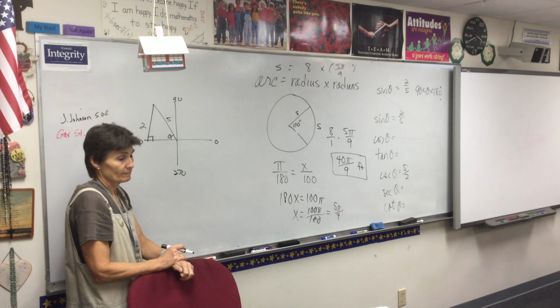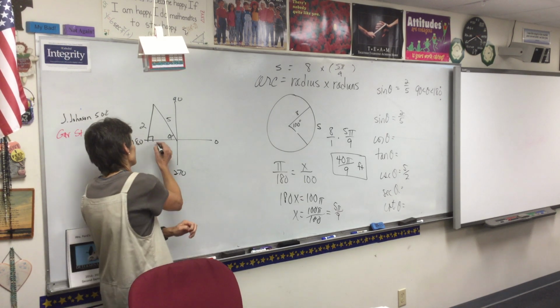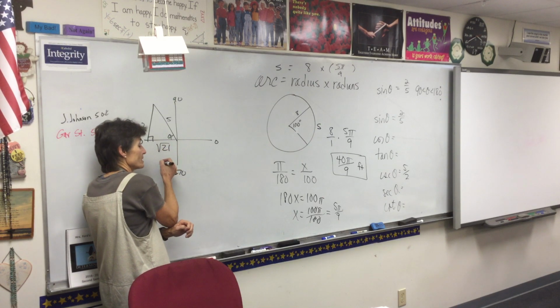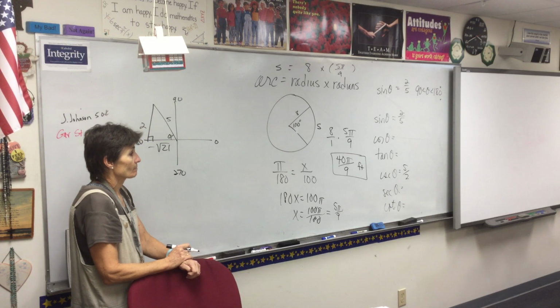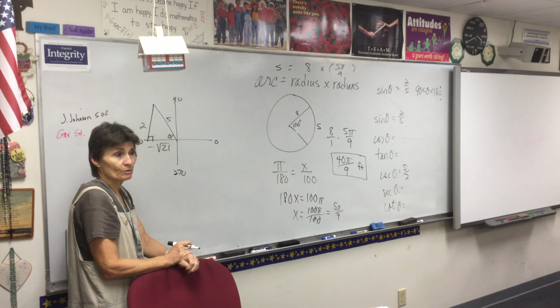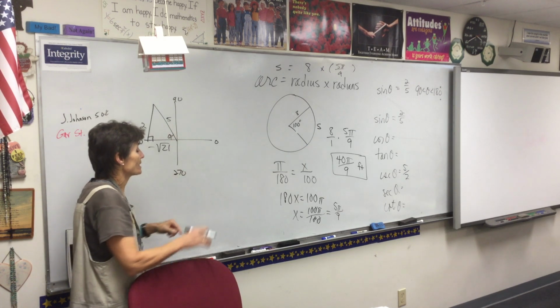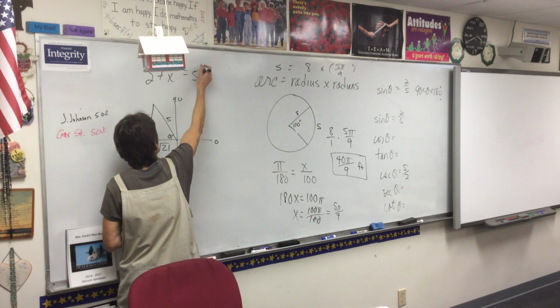Find it for me. Root 21. Be careful though. See that root 21? He's negative. If you got root 29, you forgot that your hypotenuse has to be over by itself. It's 2 squared plus x squared equals 5 squared.